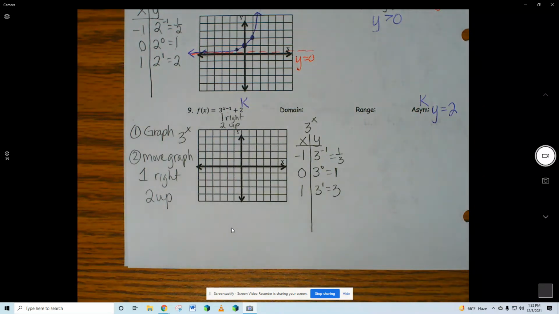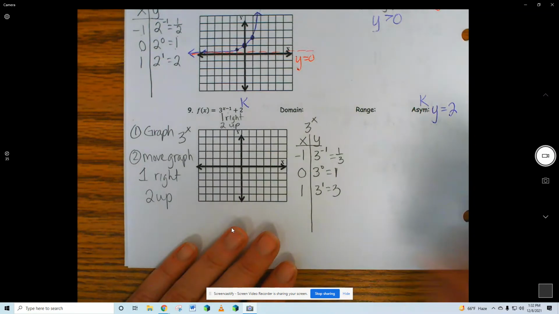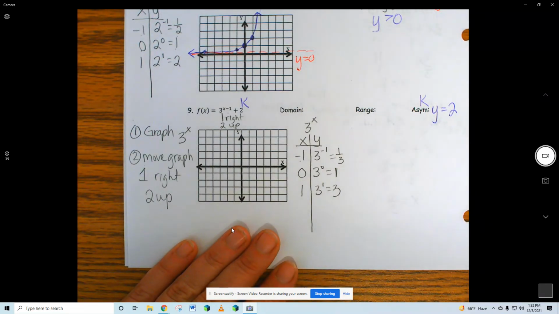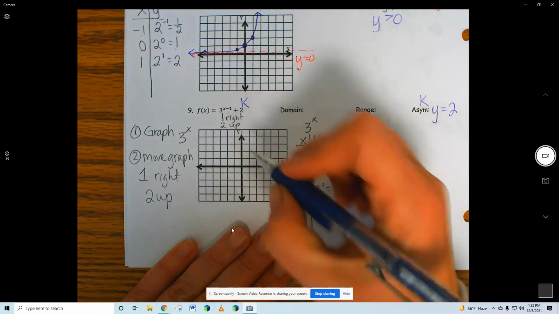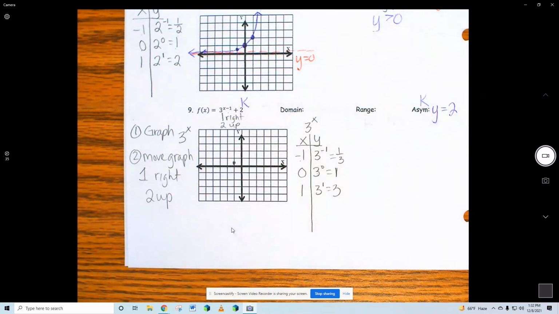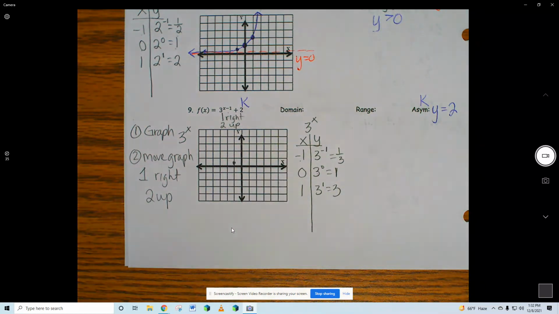So, okay. -1, up 1/3. I should do my parent function in purple. 1/3 is really close to the axis, it's hard to distinguish between 1/2 and 1/3. 0, 1.